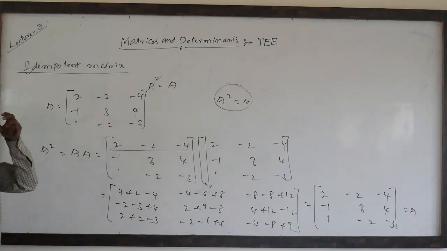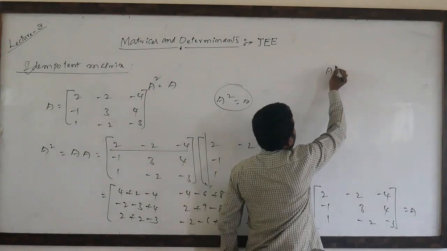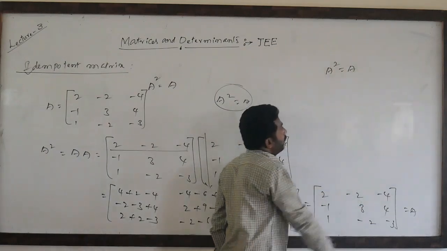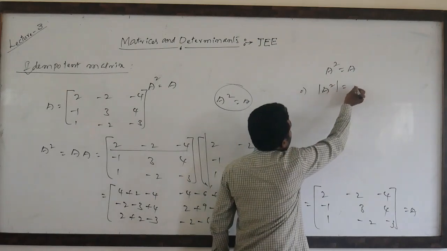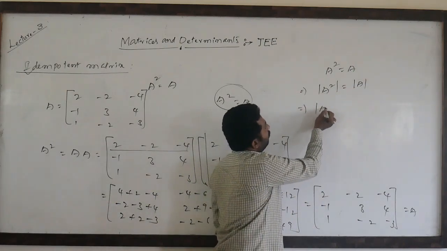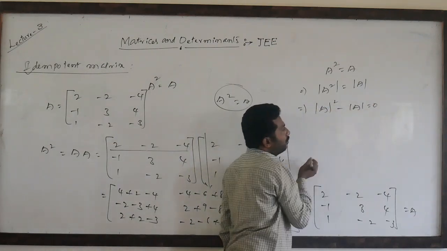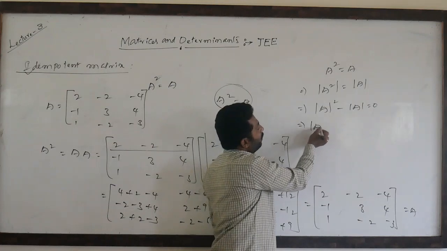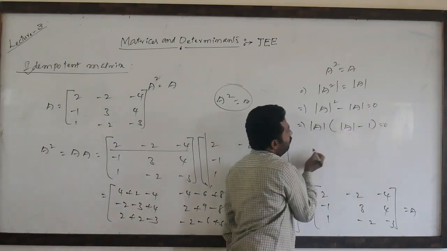So if A is an idempotent matrix, there is one more point you have to remember. Idempotent means A square equal to A. Taking determinant on both sides, determinant of A square equal to determinant of A. So determinant of A square minus determinant of A equal to 0. If I take determinant of A common, determinant of A into determinant of A minus 1 equal to 0.